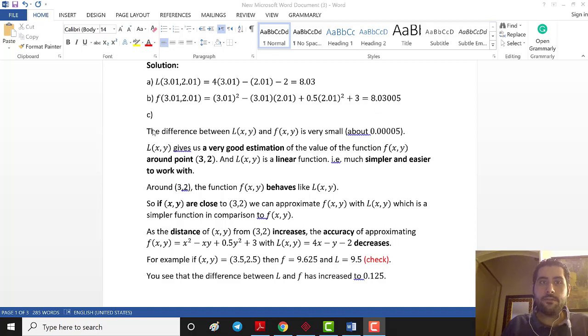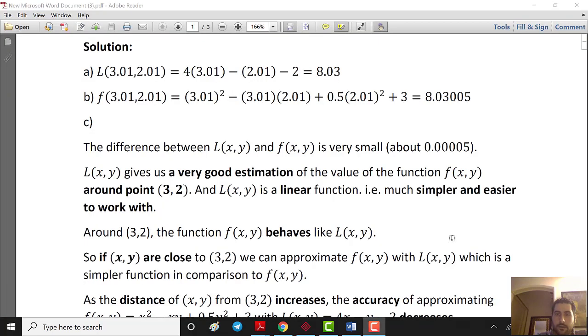So if we want to compare the results, we can say that the difference between L and F is very small. Now, how small are we talking about? The difference between L and F is about 5 in 100,000, right? So the difference is negligible.